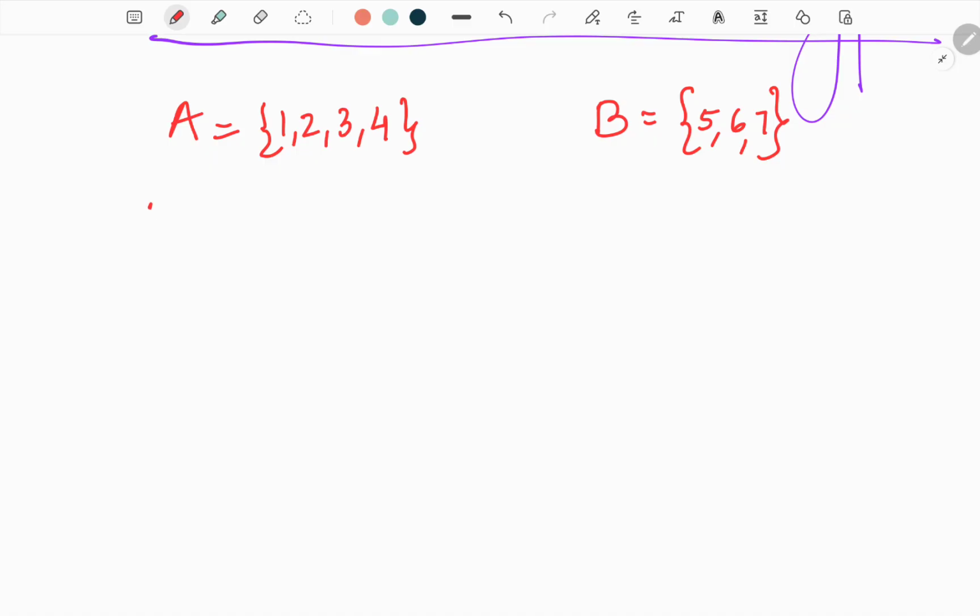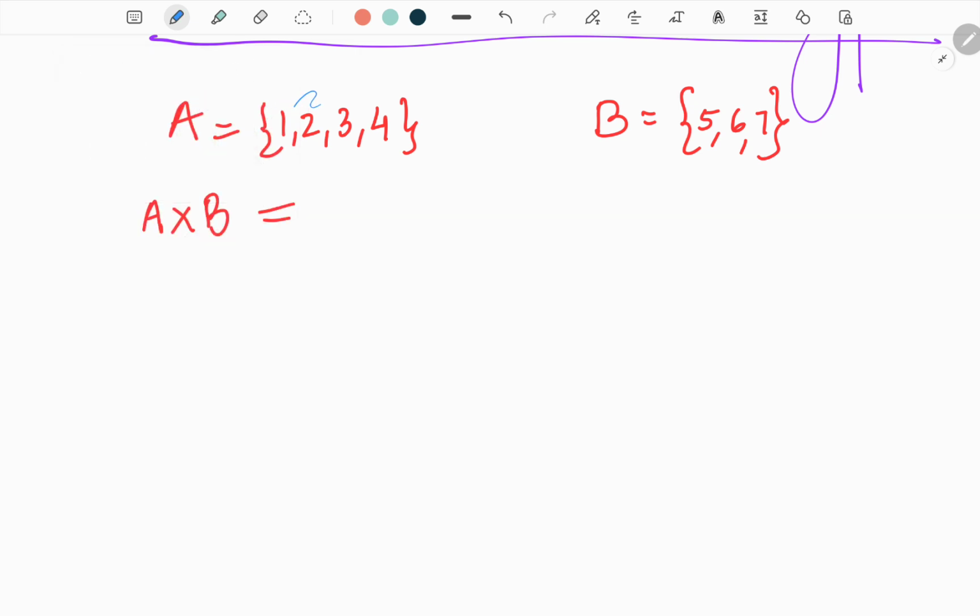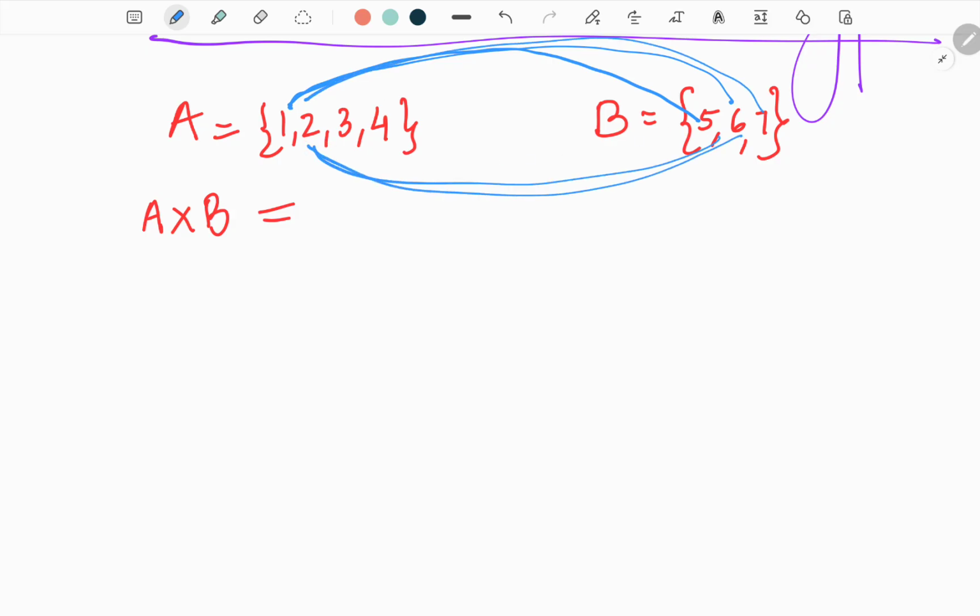Now, if I am writing the Cartesian product of A and B, which is denoted by A cross B, what will happen is each element of the first set will be matched with every element of the second set. So 1 will be matched with 5, 6 and 7. 2 will be matched with 5, 6 and 7. 3 will be matched with 5, 6 and 7, and 4 will also be matched with 5, 6 and 7.